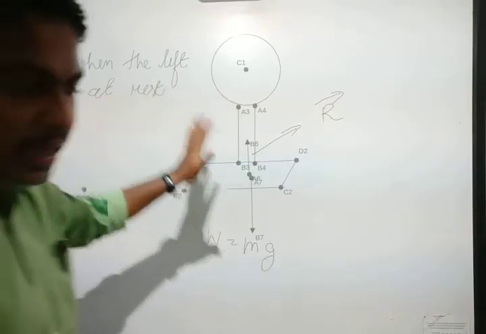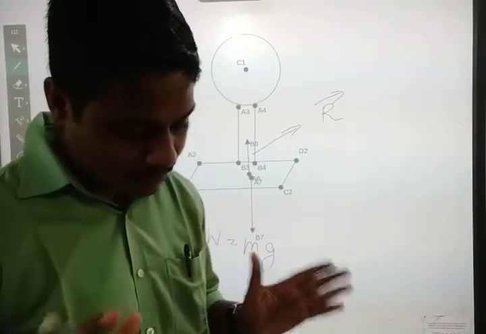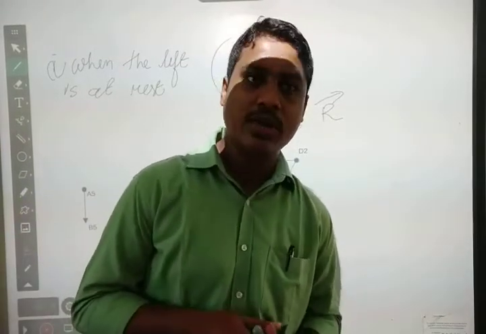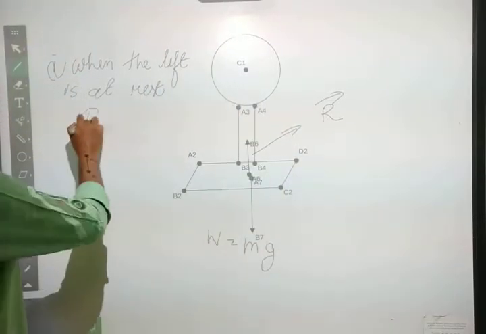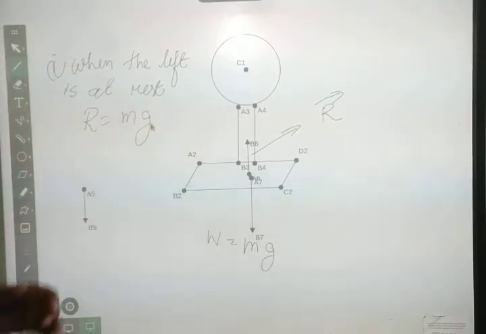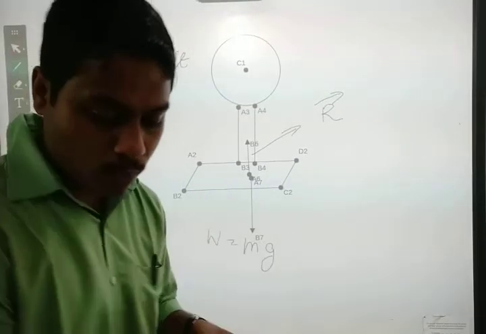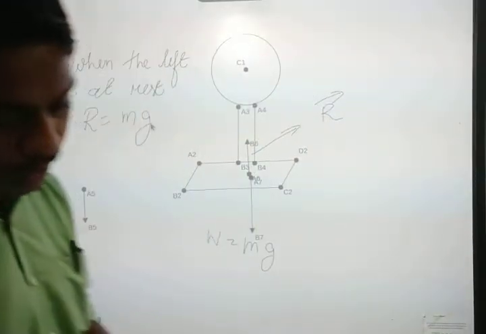So when you put it inside a lift, the weight that will be shown by your weighing machine will be R equals mg. That means it will be showing the actual weight of the body. So this is our first one.